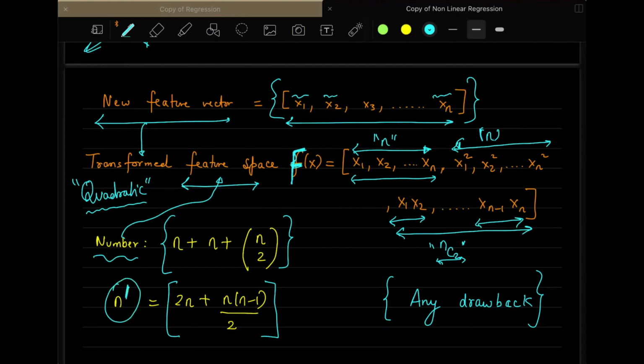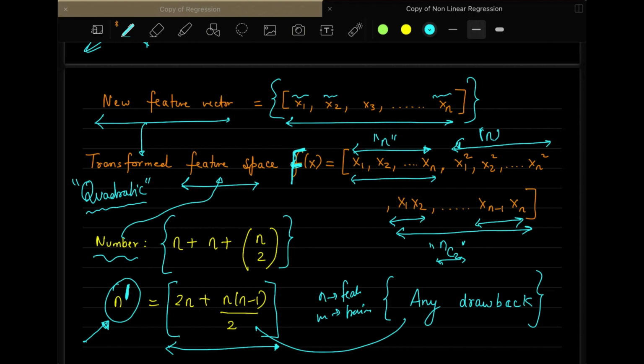Please note I am saying n prime right now because, as we know, n is for features and m is for training examples. So the new features in the expanded space, I am writing as n prime, and the value is this. Can anybody tell me what is the drawback of this equation?